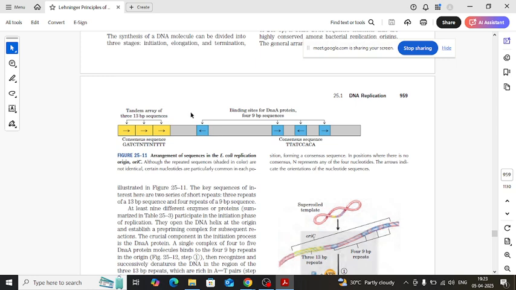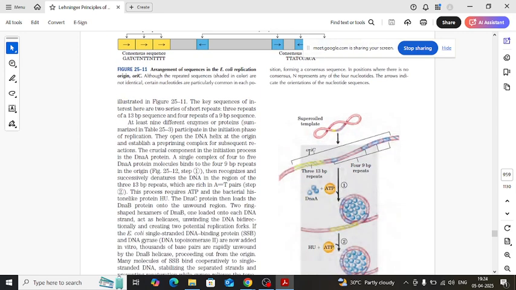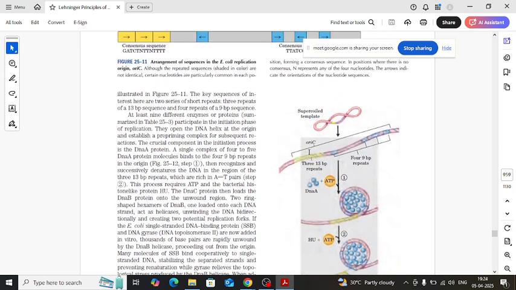This is a binding site for the DnaA, and these four green-blue colored regions are the binding sites for DnaA, and it contains the consensus sequence TTATCCACA, right? So how has this replication been started? For E. coli, it has a supercoiled template, a supercoiled plasmid. Suppose this region is the OriC region.